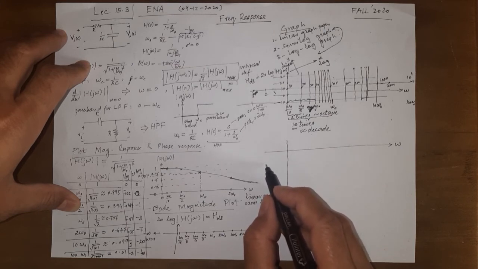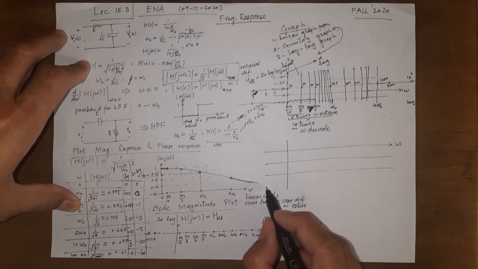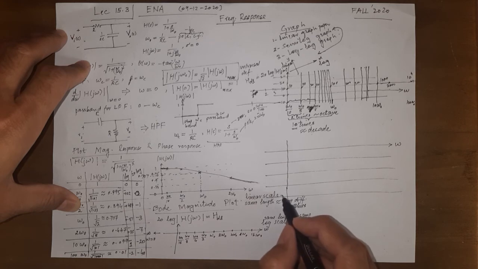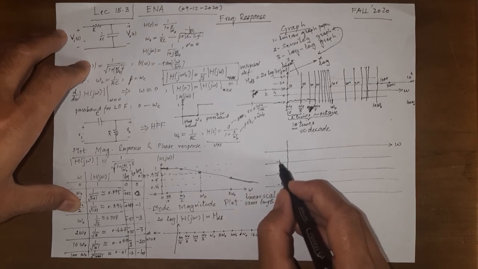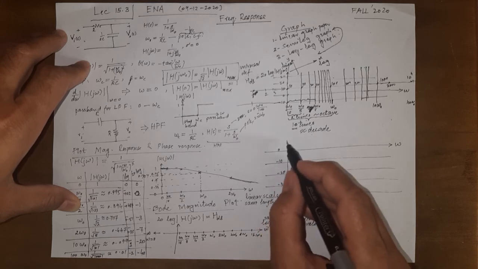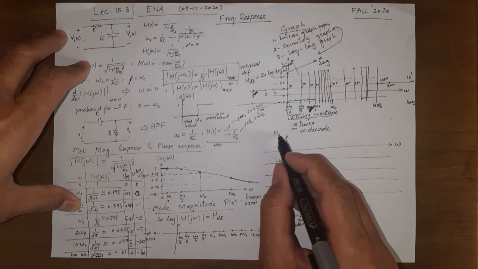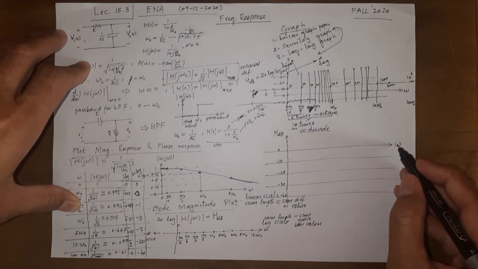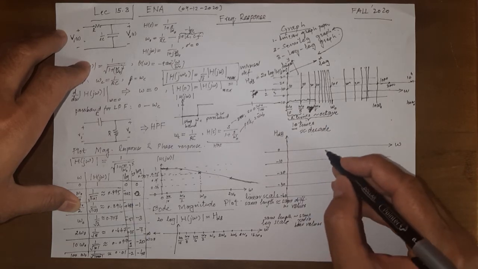Let us say this is -10, -20, -30, -40. So we have this scale here. This scale is linear. Once again, let me tell you, the scale is linear, but the values that we are plotting are logarithmic. Here we are plotting the real values, but the scale itself is nonlinear.